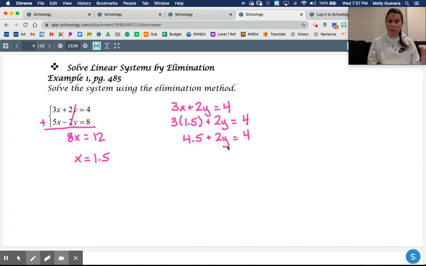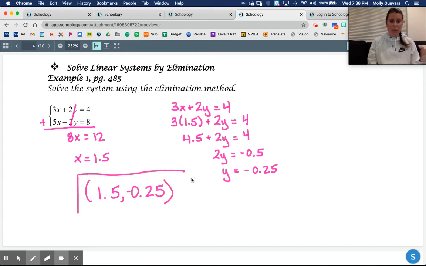Right, we just keep solving, subtract. So I have 2y is equal to negative 0.5. Divide that by 2, and I get negative 0.25. It's okay that we have decimals. So that tells me that these two lines cross at the point (1.5, -0.25). So if I were to graph these two lines, this is the point that they would cross.